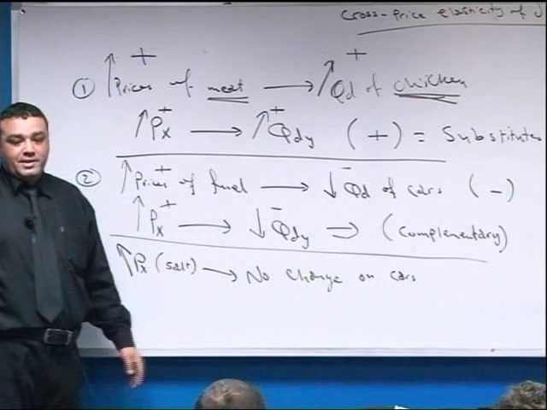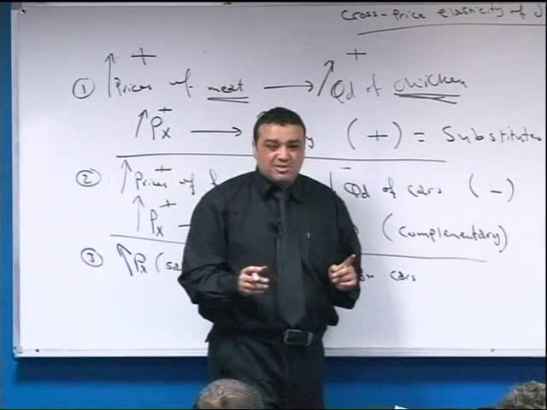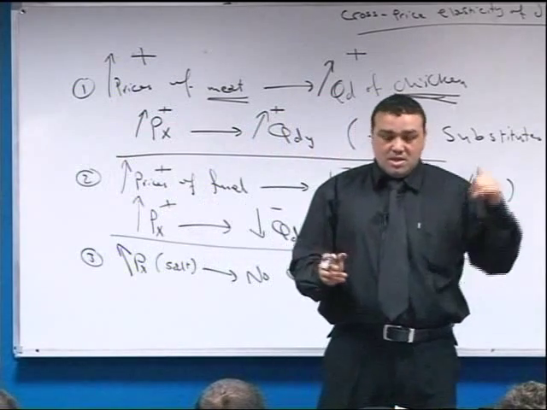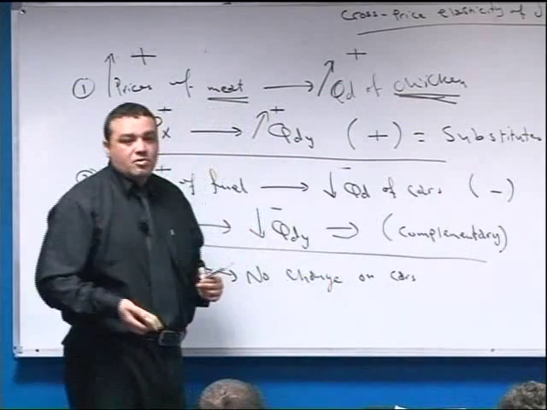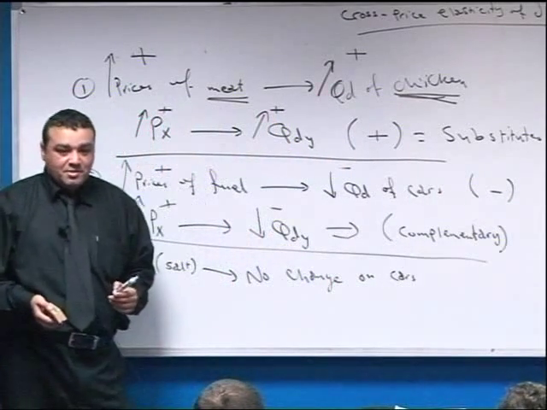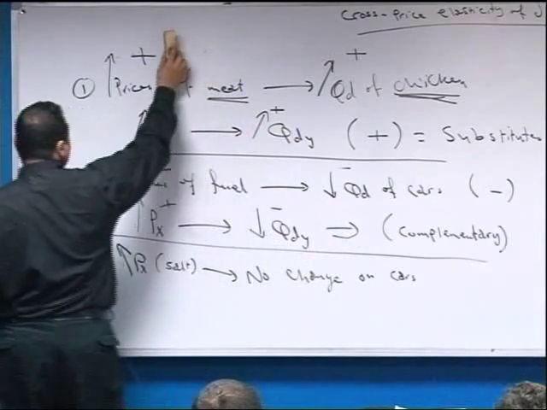It's called an independent relationship between these two products, right? So the cross price elasticity of demand would be 0. So let's calculate the cross price elasticity of demand.